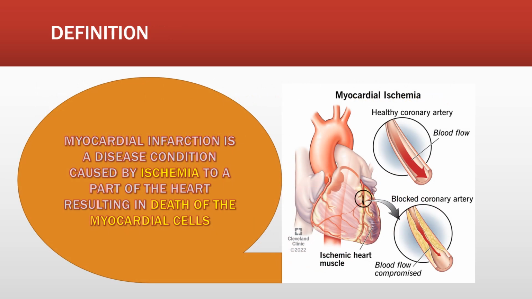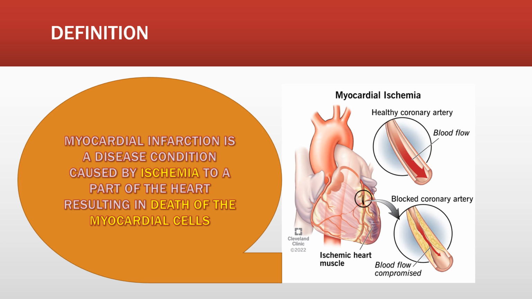So when they ask you about the definition of anything, not only myocardial infarction, in your examinations, what they want to know are some keywords. You can write a history on the definition, but they will give you marks only if you have the keyword. So what is the correct definition? Myocardial infarction is a disease condition caused by ischemia.